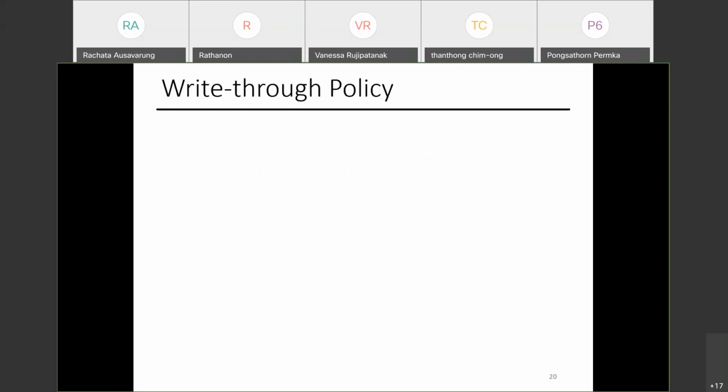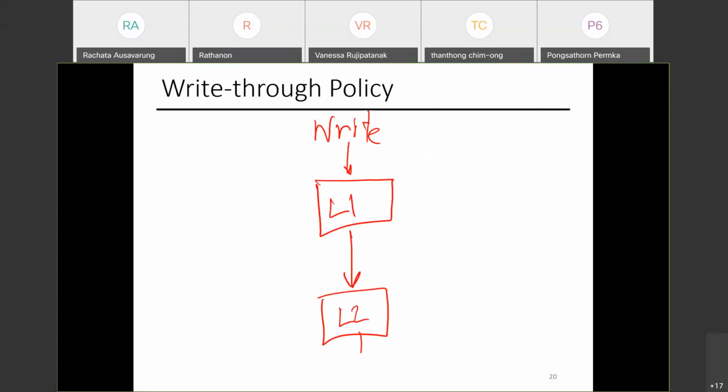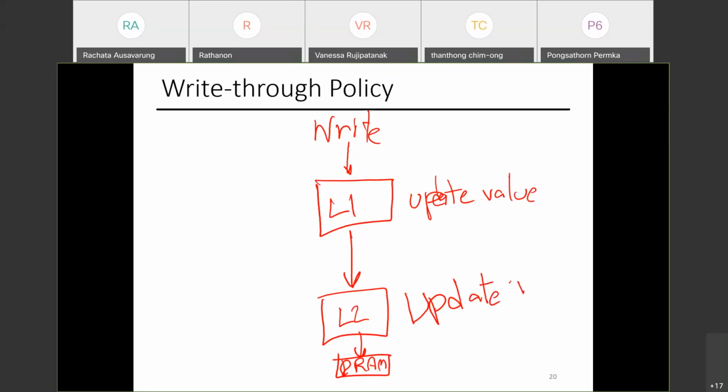When you have a write into the L1, then into the L2, then DRAM, the write-through policy is: whenever there's a write, you update the value on all cache levels.